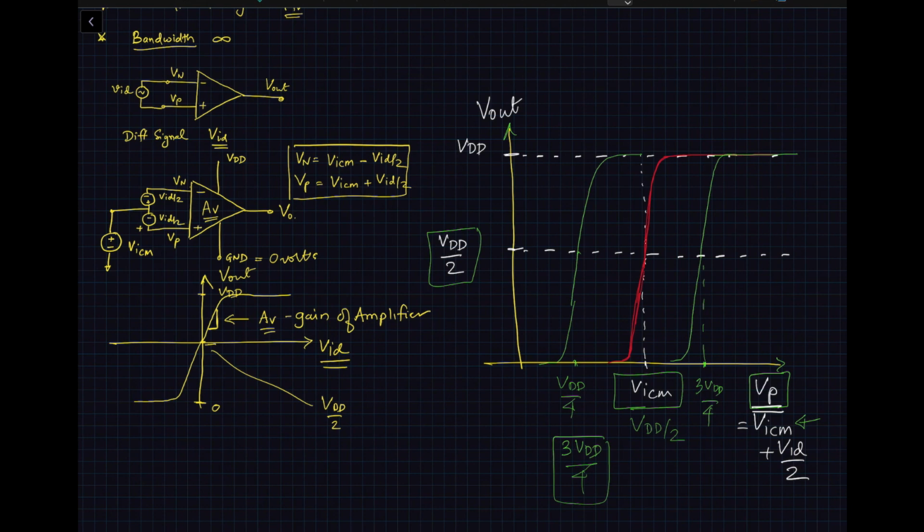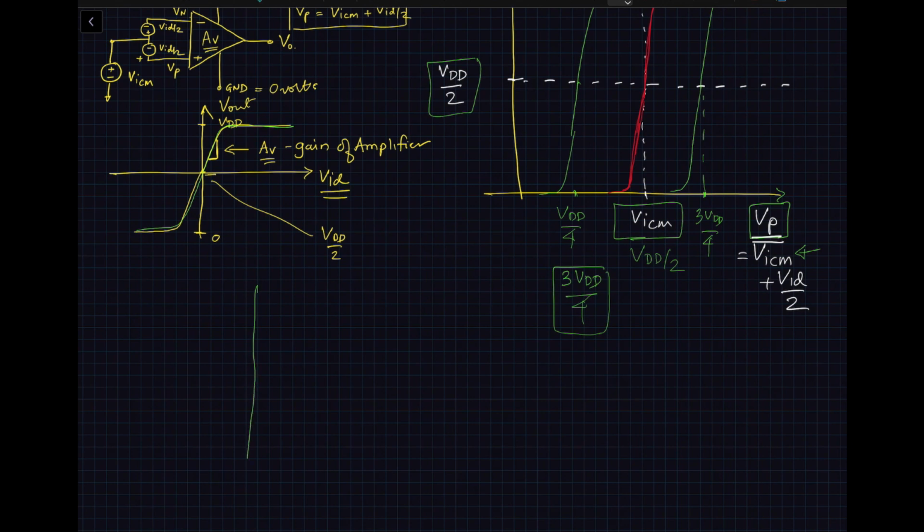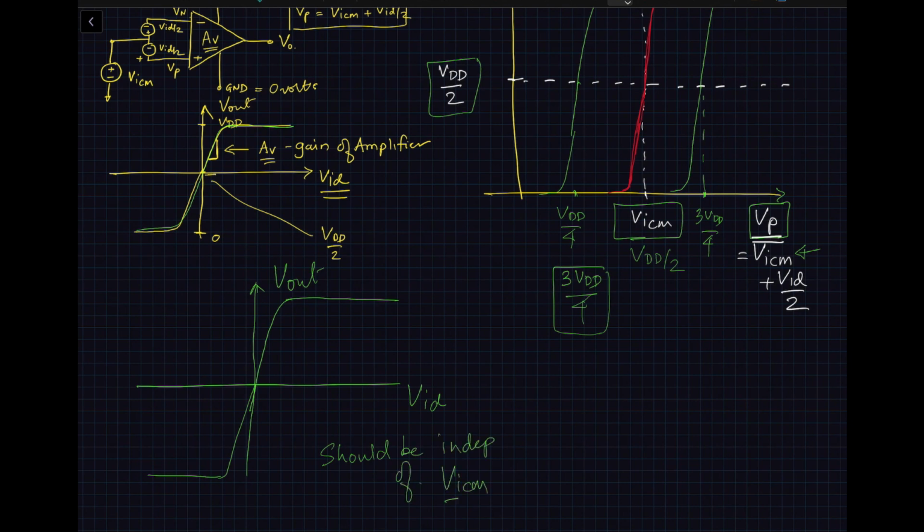What finally matters is the differential voltage between the two terminals, and what we desire is this particular characteristic, Vid versus Vout, something like this, and this characteristic should be independent of Vicm. That's what the op-amp does.